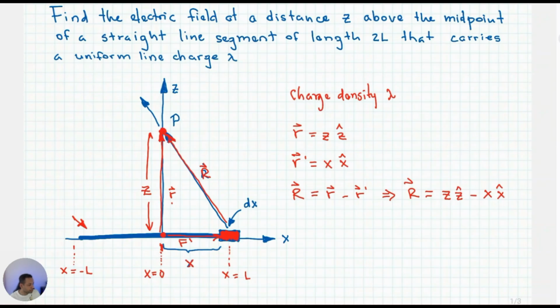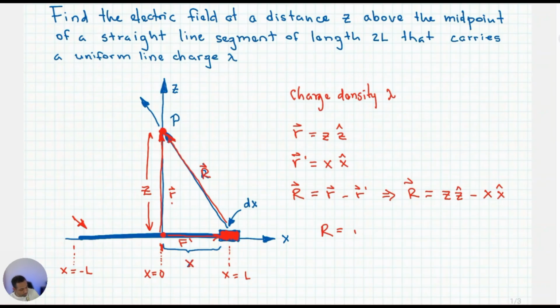This vector is important because Coulomb's law needs the direction from the charge element to the point where we are calculating the electric field.